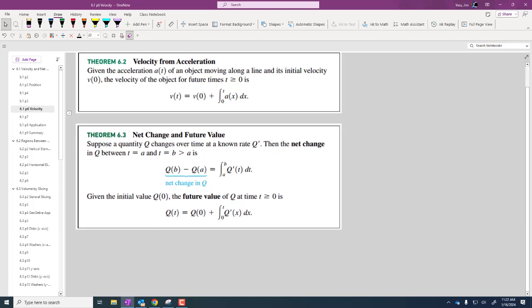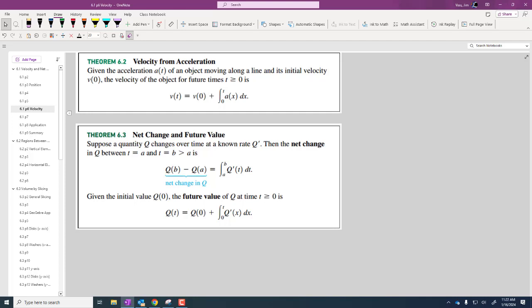So we can do the same thing that we just did with position. We can do it with velocity. We know that position is the integral of velocity, and we know that velocity is the integral of acceleration. So we can just do the same thing, but one step deeper in the position, velocity, acceleration sequence.